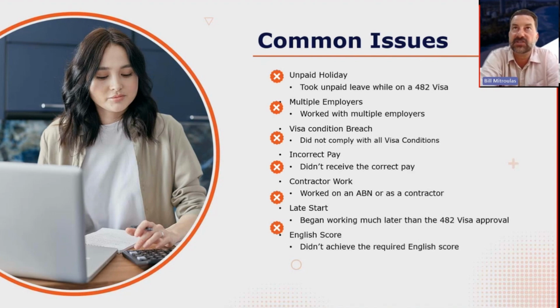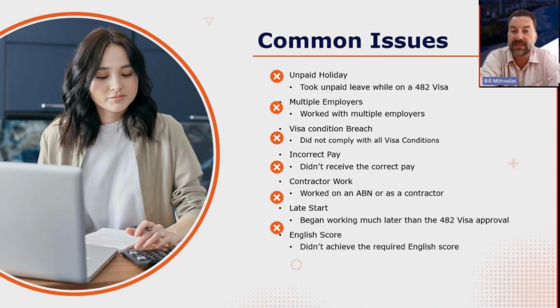Some of the main changes are that if you hold a TSS or skill in demand visa and your employment has ceased with your sponsor, and your sponsor has reported that to the department, then from the day they report it, you can work for another employer in any occupation, actually from the next day. You've got 180 days, or six months, to find a new sponsor in your nominated occupation. So things have become a lot more flexible there.